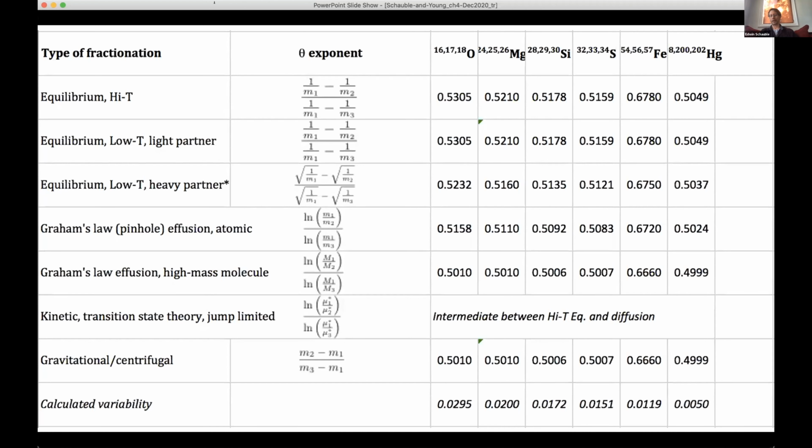And wherever you look, for any element that has at least 3 stable isotopes, you'll see variations depending on the type of reaction you're talking about. They get a little bit smaller towards the bottom of the periodic table, but the decay with increasing atomic number is not as big as you might have expected based on how other normal stable isotope measurements behave.